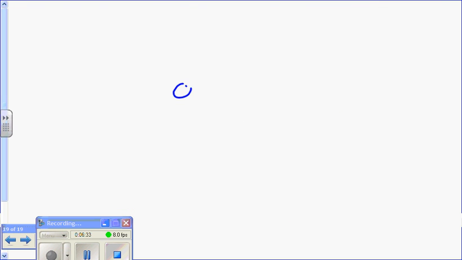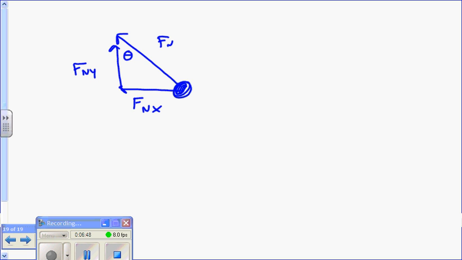So here's my object, here's normal. I'm going to draw a triangle here. Theta, here's Fn and Fnx. And remember, the only other force that exists is gravity.